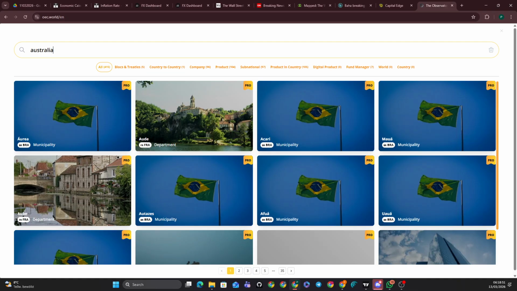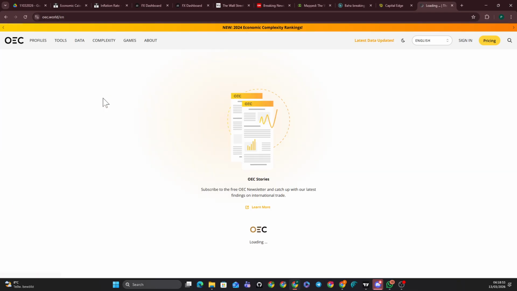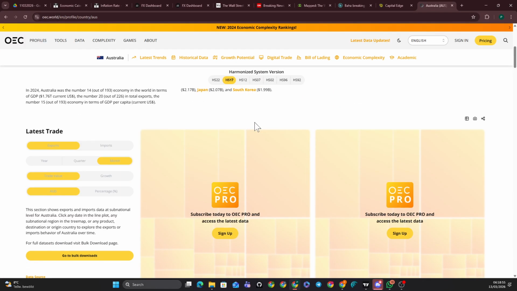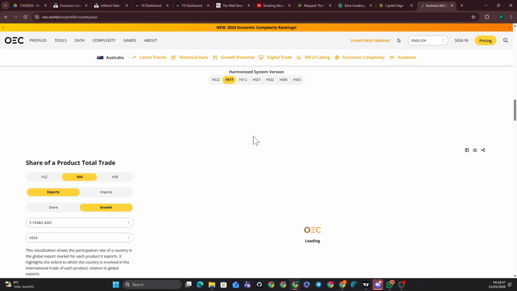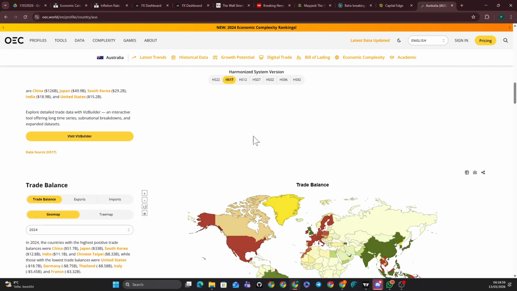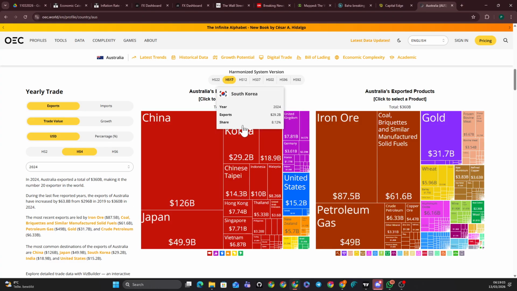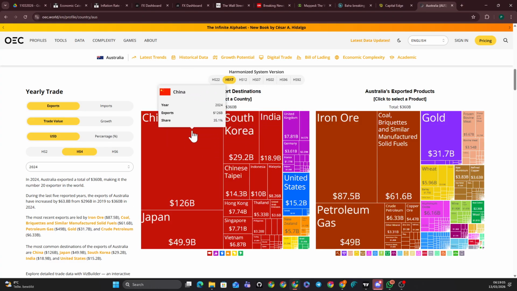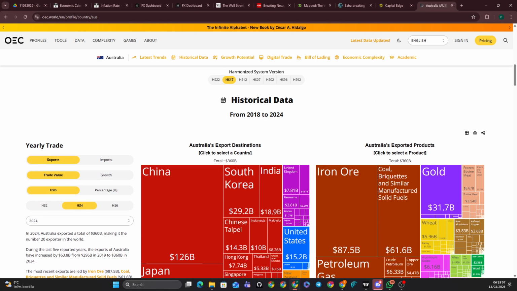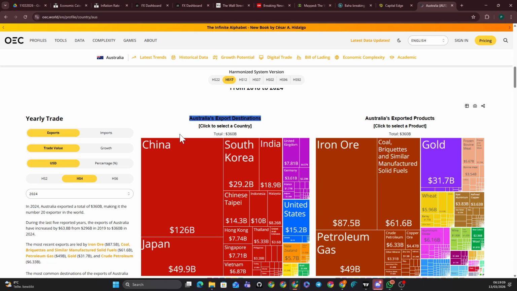Australia, right? When we go down here, here we go. You can see 35% of Australia's exports are sent to China. For one country, 35%.